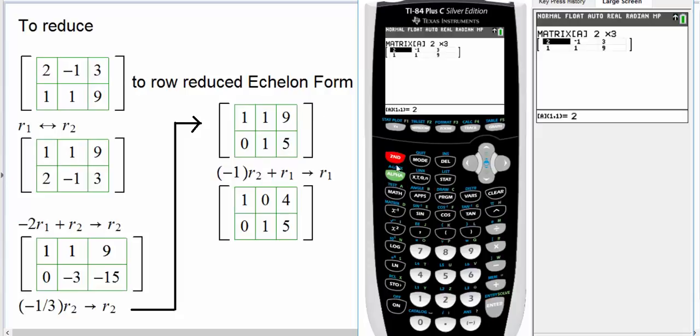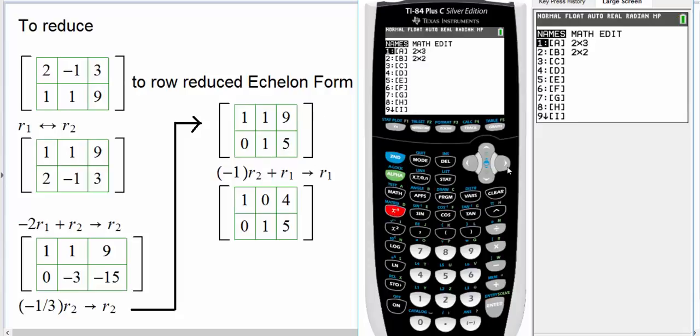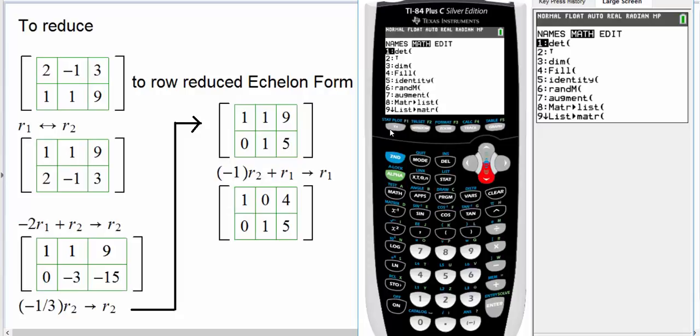So what I would do now is go to matrix, then go to math. Here are the row operation commands, unless you want to just do that as RREF. Here we have a row swap, here we have row plus, here we have multiplying a row by a number, and here we have multiplying a row by a number and adding it to another row.